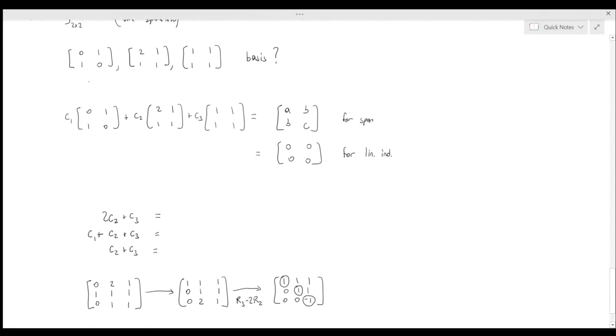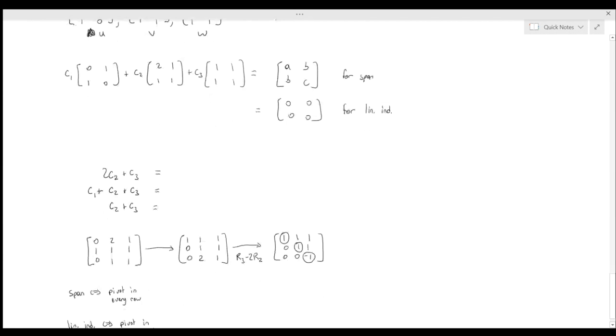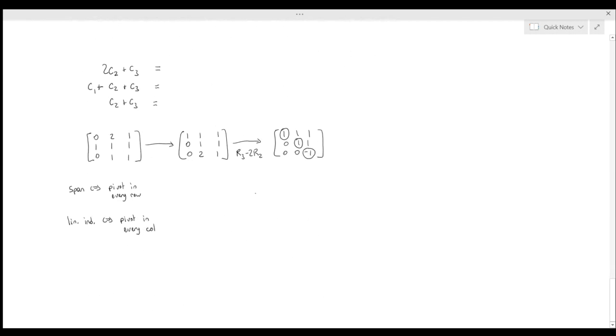So let's see here. If I call these matrices U, V, W, here we see that U, V, W both span the space of 2 by 2 symmetric matrices and are independent.